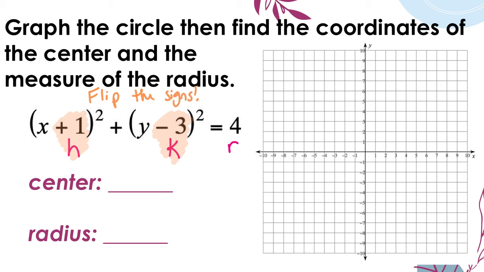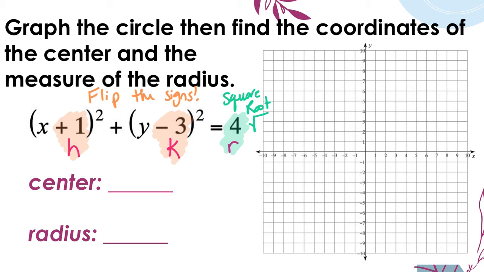And in order to find my radius, I'm going to need to take the square root. Because we are taking the radius out of the equation, I have to do my square root, because that is how you undo something that's being squared. So I will use the square root symbol.